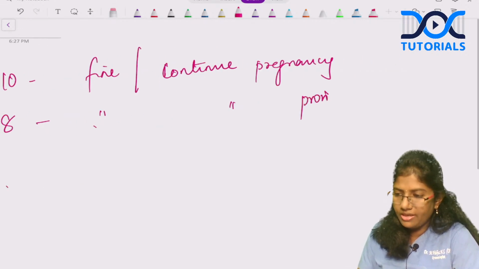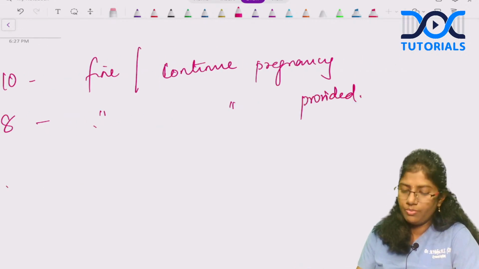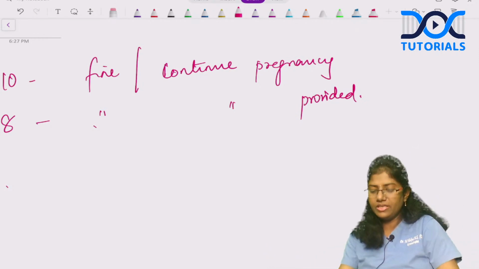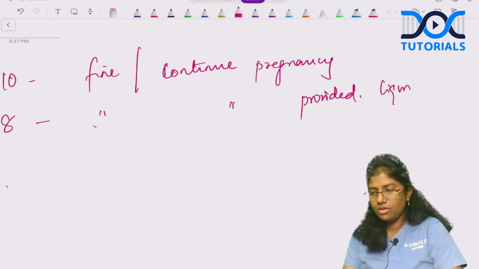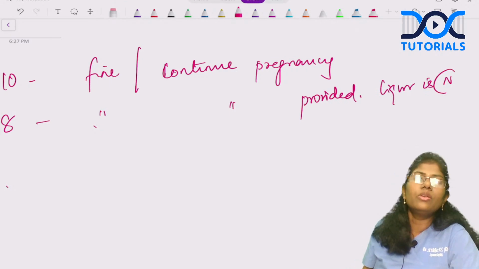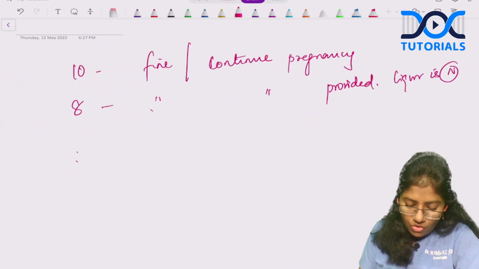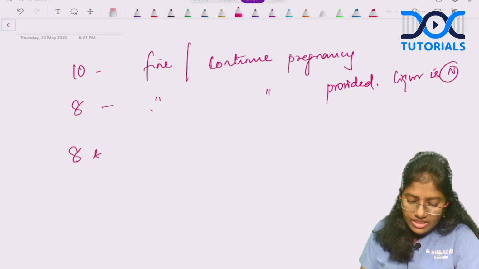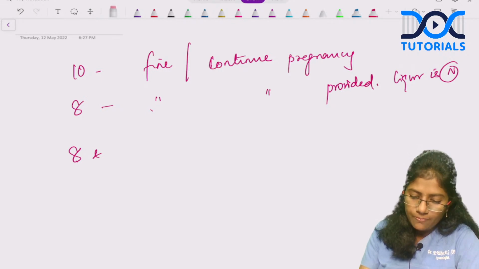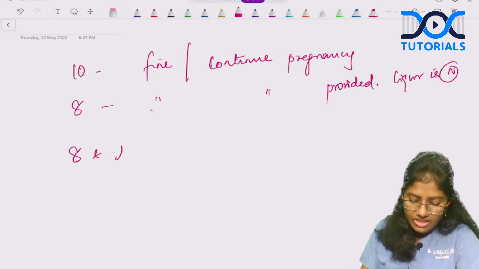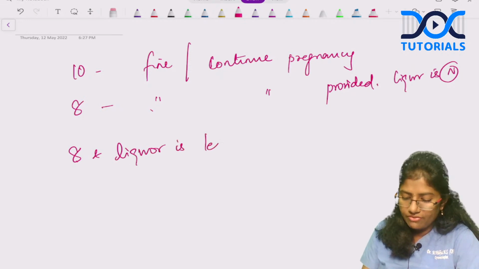Provided liquor is normal. But if the score is 8 and the AFI or the liquor is less, you have to deliver.